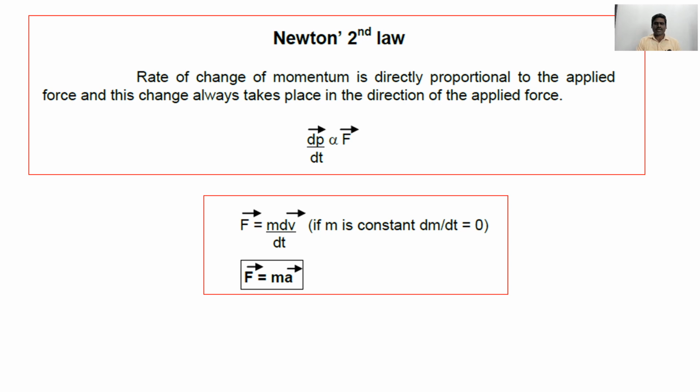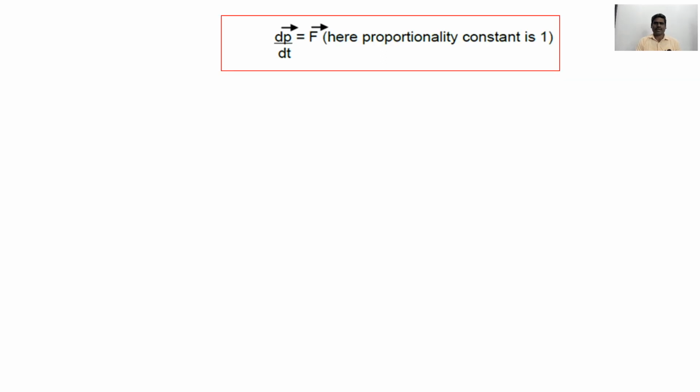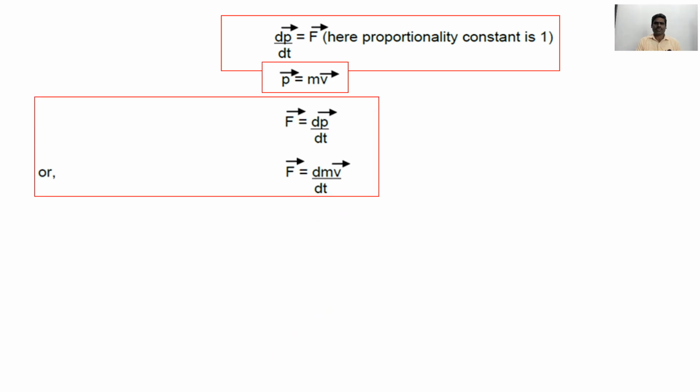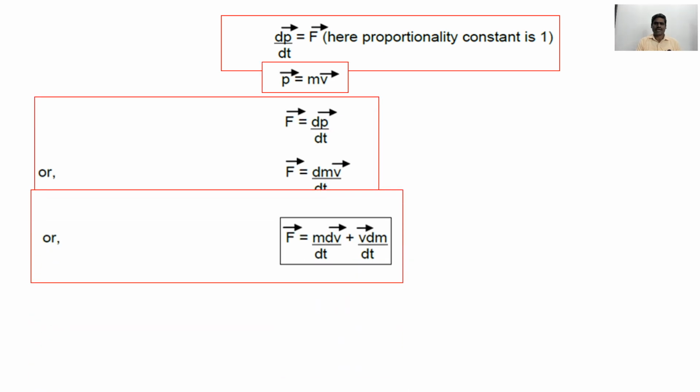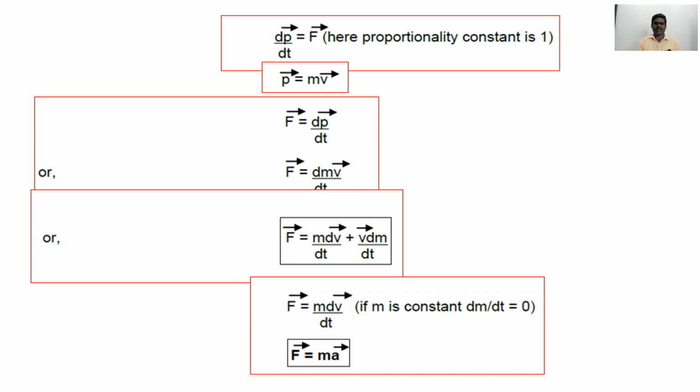So Newton's second law of motion lets us derive the formula for force, that is F equals m into a. That is, F is nothing but the product of mass and acceleration. dP by dt equals F, and here the proportionality constant is 1. P equals mv, and substituting this and simplifying we get F equals m into a. That is, the force acting on an object is equal to mass into acceleration.